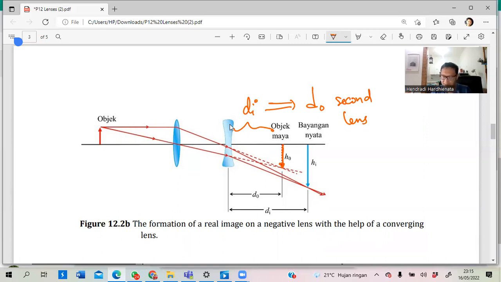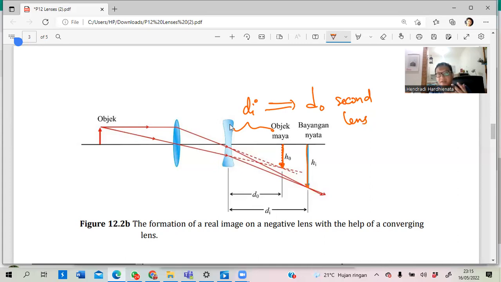Be careful with the sign: because DO is on the right of the lens, in this case DO should be negative. And here you have the new DI, which enlarges the object.